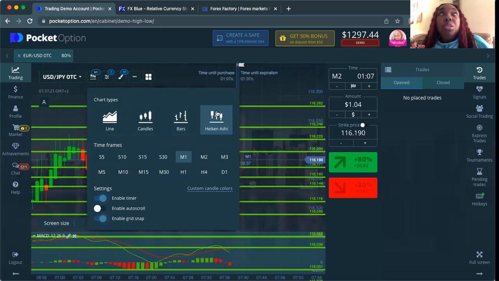For traditional trading, I've lately gravitated back to just regular candles, but in the past I've been headstrong on Heikin Ashi. So I still use Heikin Ashi for binary, but not with my traditional trading. So it doesn't matter. Again, there's not really a wrong or right way about it, it's based off of the individual, based off of preference.